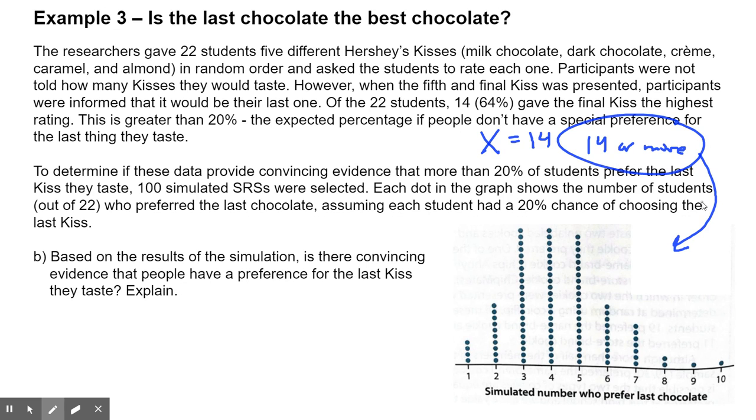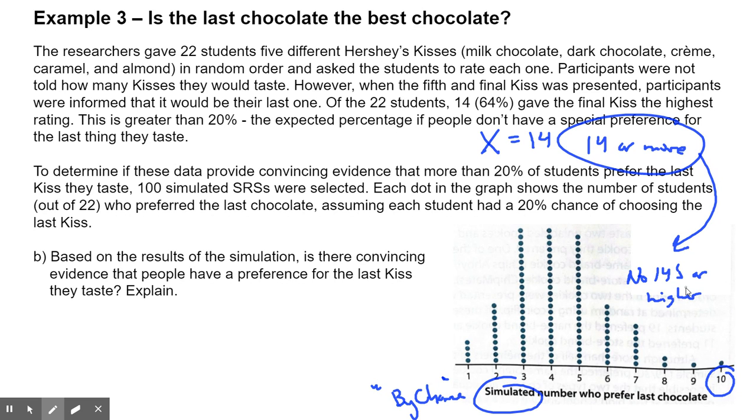But again, this simulation is saying, how often does it happen by chance? When you do a simulation, you're looking for the by chance happening, probability, just getting lucky. So let's look. How many times does 14 or more occur? Well, look. 10 is your last one. There are no 14s or higher.